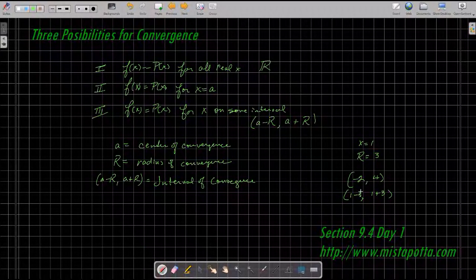We saw this happen a lot when we were dealing with our infinite geometric series, this idea that the absolute value of r had to be less than 1. In this situation, if x is less than 1, then 1 is my radius of convergence.